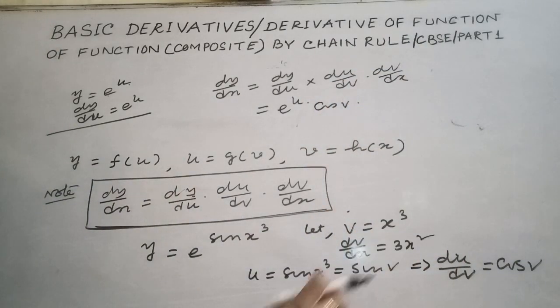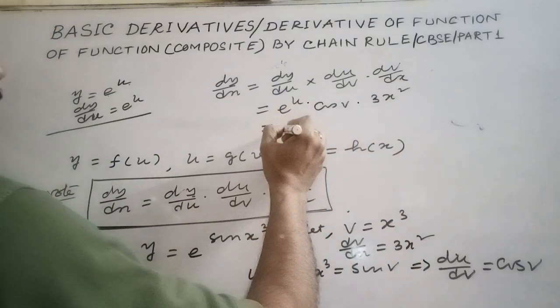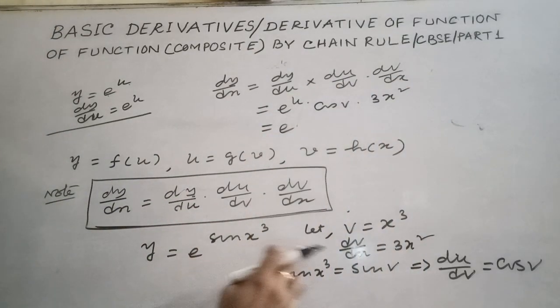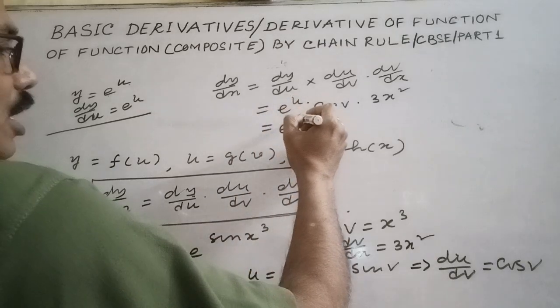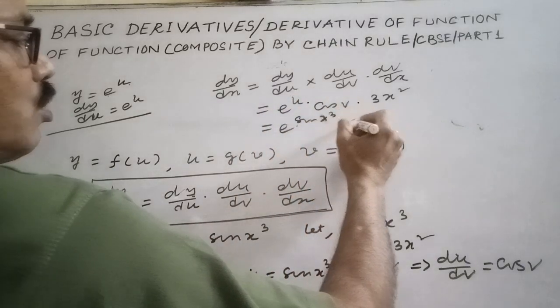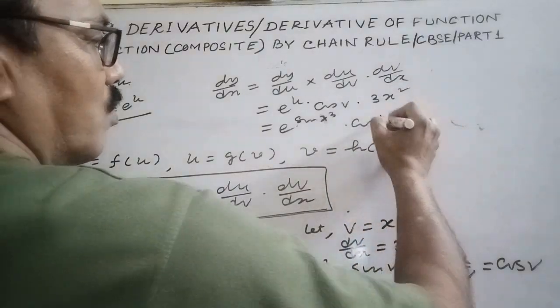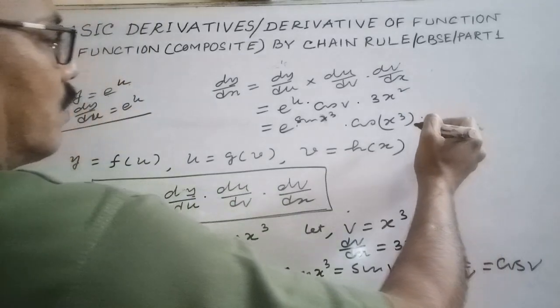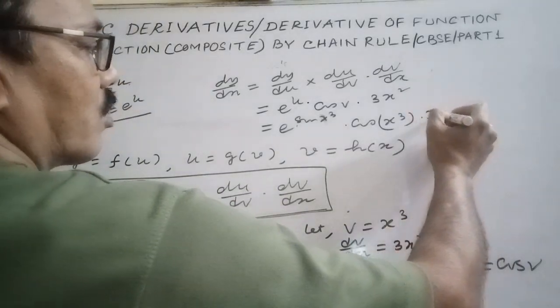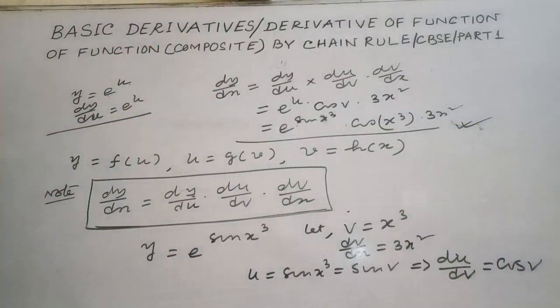What is dv/dx? It is 3x^2. Then put the values. What is u? u equals sin x^3. So e to the power sin x^3 into cos v, where v is x^3, into dv/dx, which is 3x^2. So finally we are getting this answer.